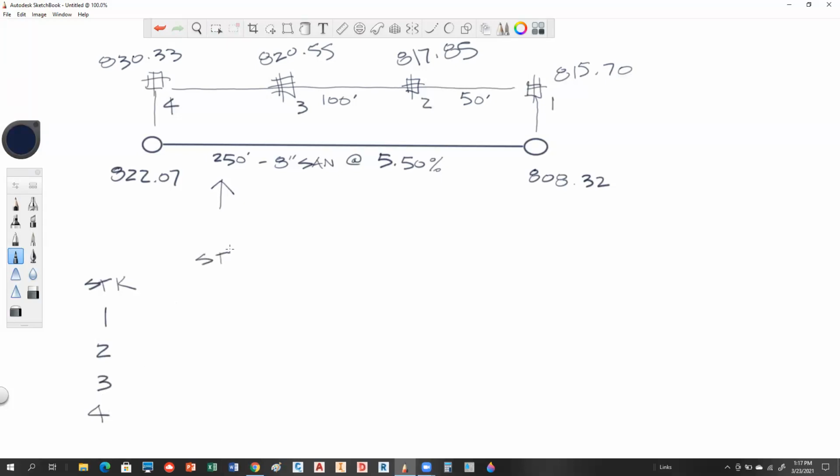So we'll first have the stake elevation. So what's the elevation of the stake 1? 815.7. Okay, what about 2? 817.85. Where did those numbers come from, other than the fact that I made them up?